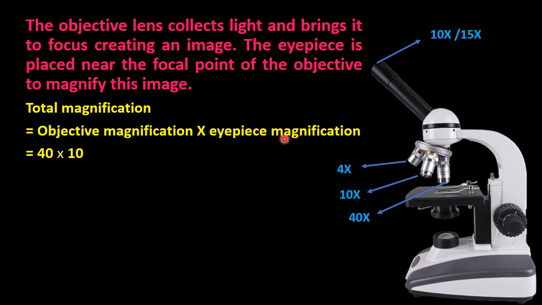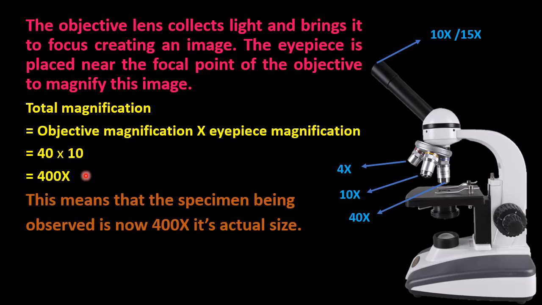So if the objective lens has magnification 40x and the eyepiece has magnification 10x, then the total magnification is 10 times 40, which is 400x. That means this compound microscope will magnify the given specimen 400 times bigger than its actual size. So this is how the compound microscope works.